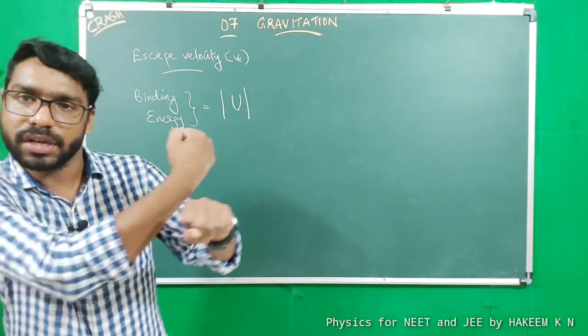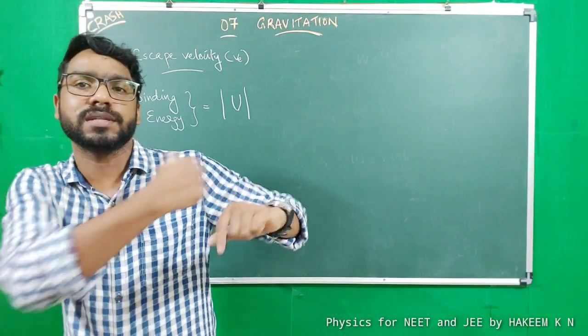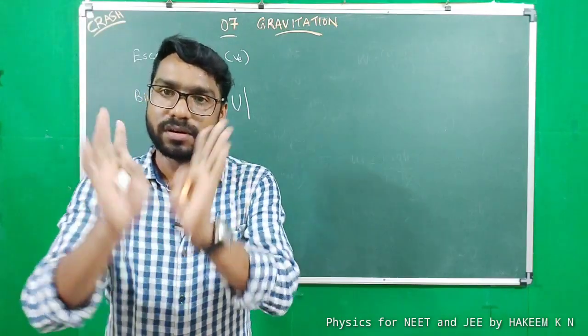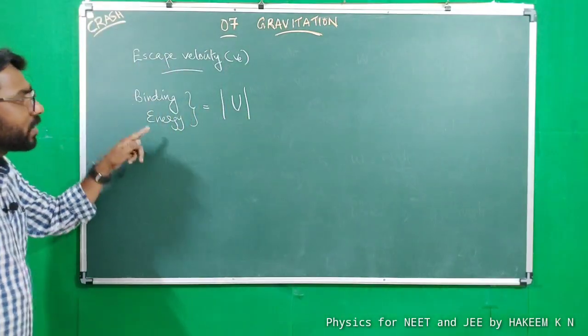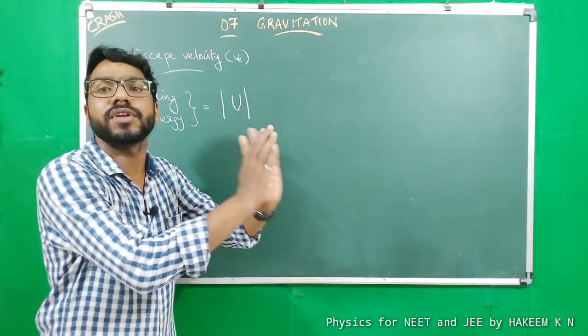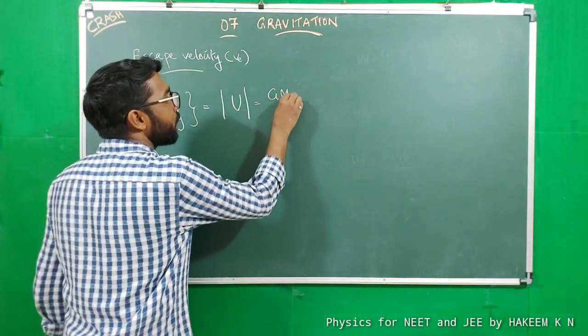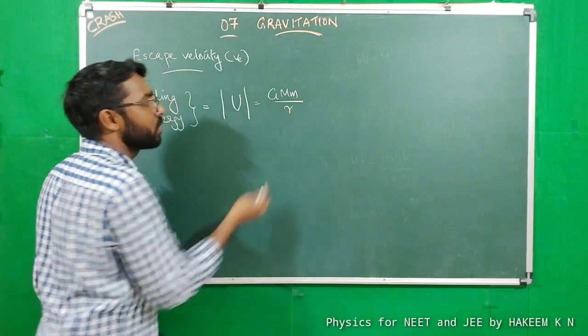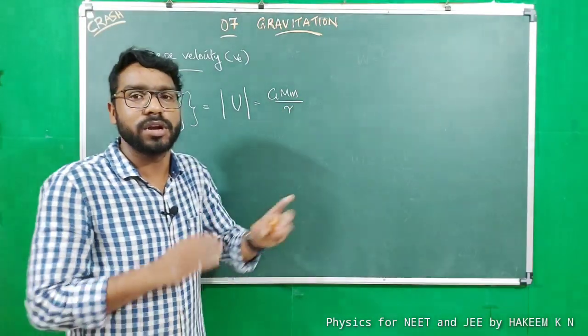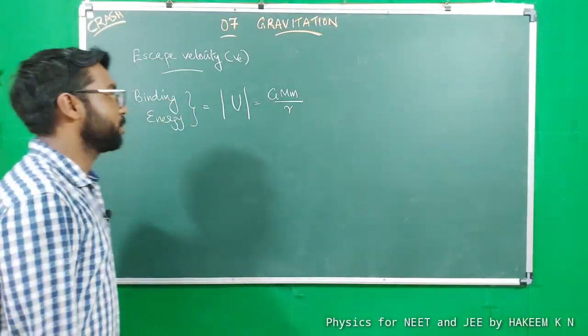Due to the gravitational potential energy, every body is bounded to the earth. So, binding energy is actually the magnitude of gravitational potential energy. So we can write GMm by small r, where capital M is the mass of earth and small m is the mass of the body.